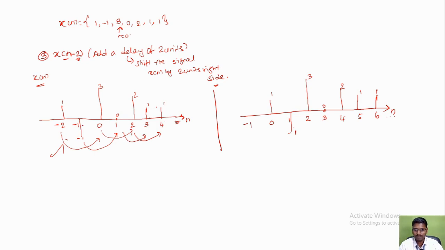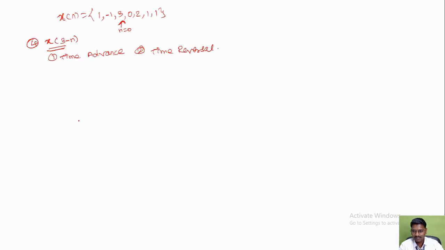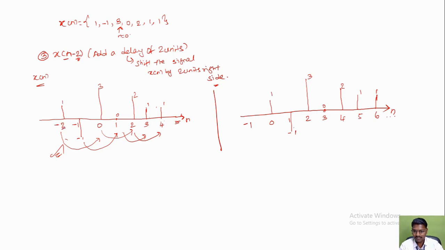I am going to advance this x of n signal by 3 units. Advance means I am going to add 3 samples on the left side of the signal, right? Now the corresponding signal can be written on this n axis. It will start from minus 5, minus 4, minus 3, minus 2, minus 1, 0, 1, 2, etc. Now my x of n starts at minus 2.